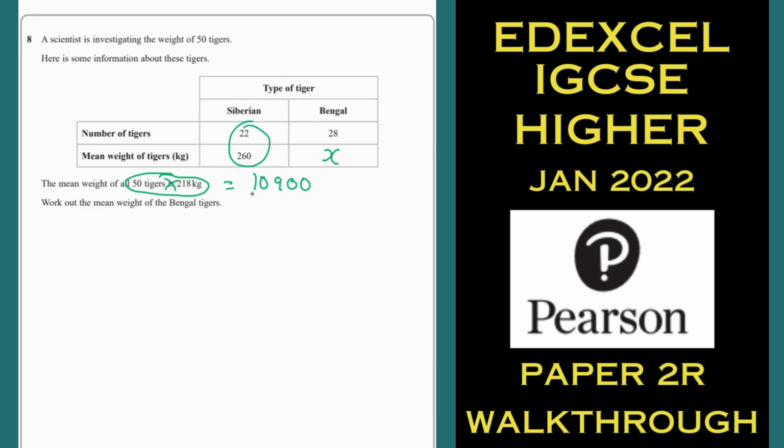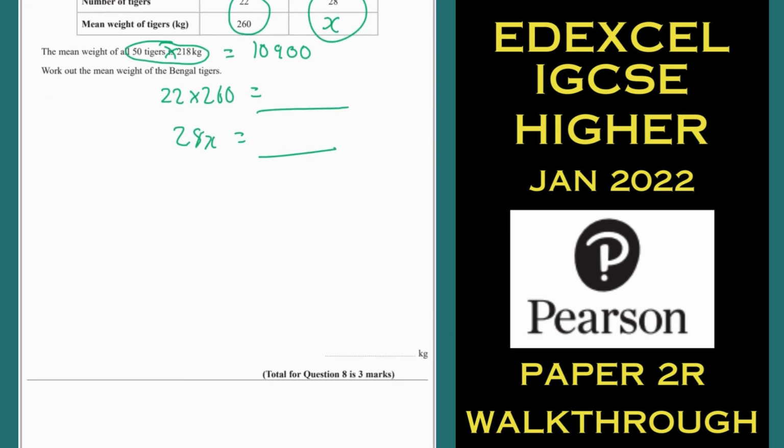We know the total weight of the Siberians because we multiply them. And then once you've got all that, it'll be equal. I'm not going to fill it in, that's your job. You divide by 28. I think you get 5,180. You end up with, divided by 28, a good solid looking 185 kilograms.